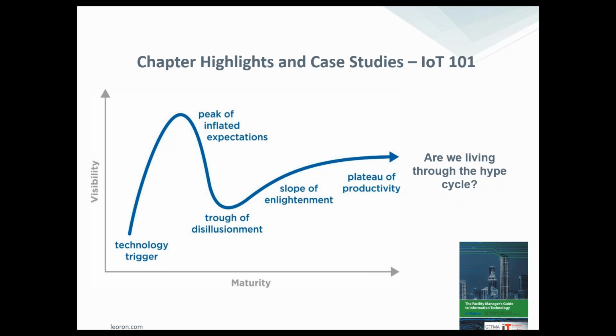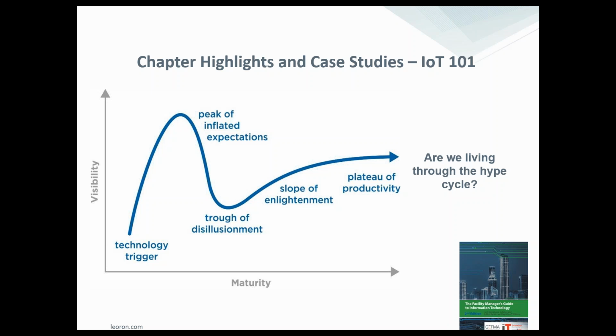So Gartner has a hype cycle that they use, and it's a great tool for assessing where we're at in the cycle of adoption and value for a new technology tool, or any technology tool.